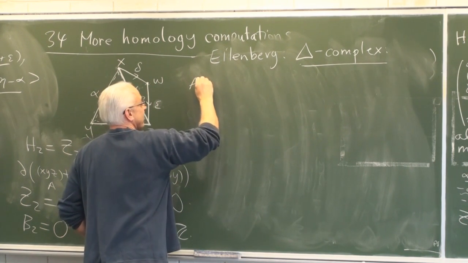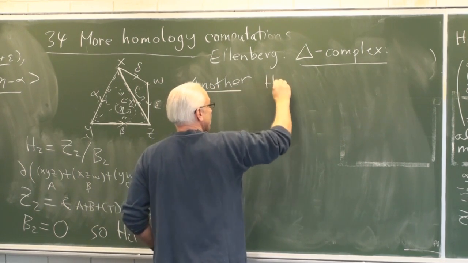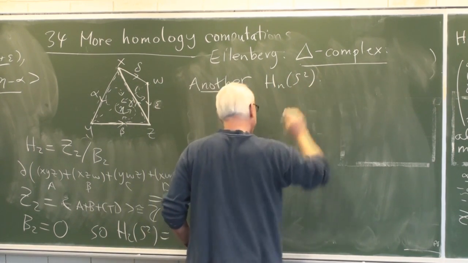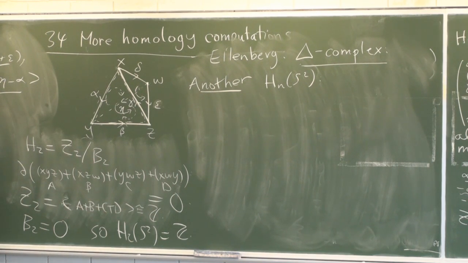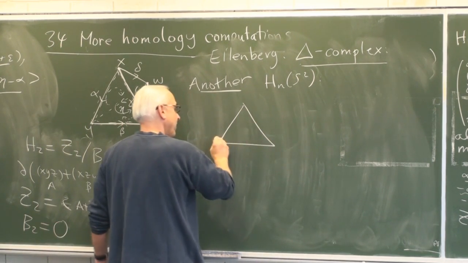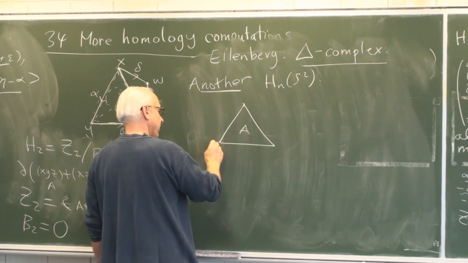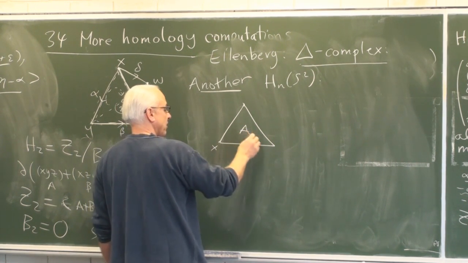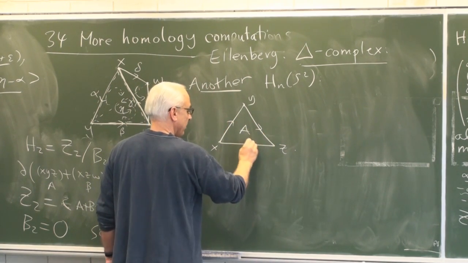Another computation of Hn of the sphere, by thinking of the sphere in a different way as a simplicial complex. We've got one triangle here, let's call it A, with vertices x, y, and z, and we'll orient them like this.